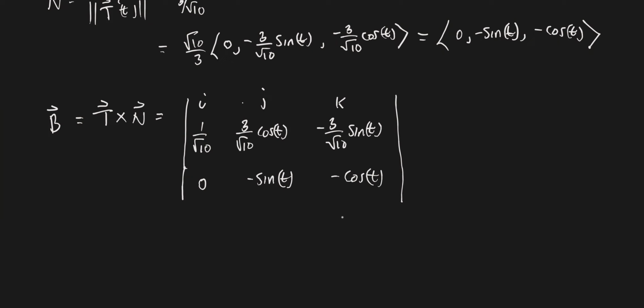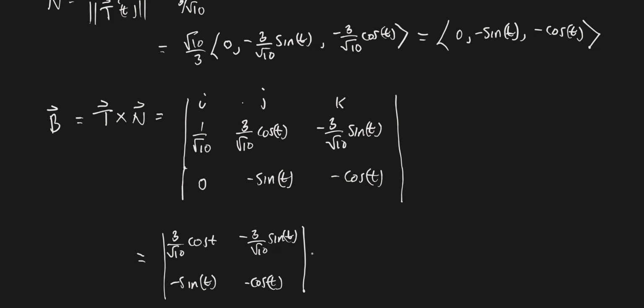So remember how we compute this. Let me go ahead and set up all the 2x2 determinants that we need. For the first component, when I block out the first column and the first row, I'm left with this 2x2 determinant: 3 over root 10 cosine of t, negative 3 over root 10 sine of t, and then negative sine of t, negative cosine of t, and that will be times i.